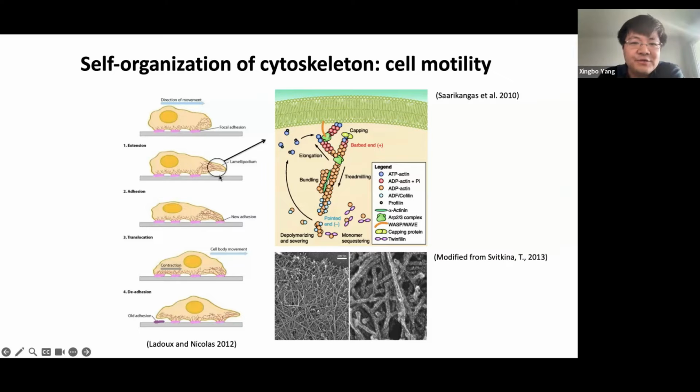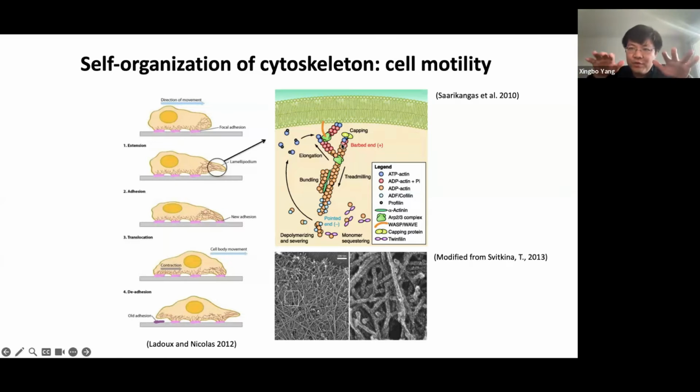And if we zoom into those actin networks, as you also see in the movies, they are constantly polymerizing and pushing the plasma membrane forward, and that happens, for example, at the leading edge. More than just individualized active polymerization, this process is actually quite collective, and is regulated by many proteins, and they even form those branching structures.